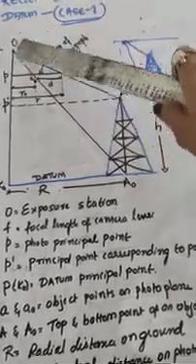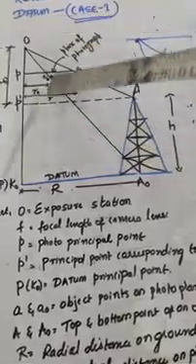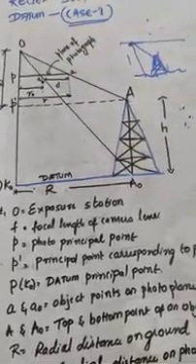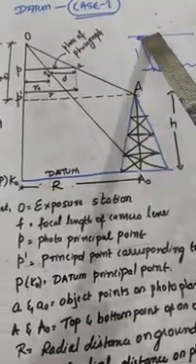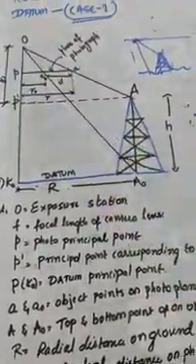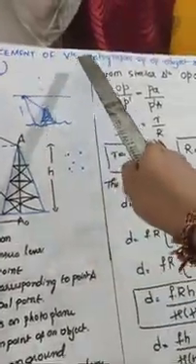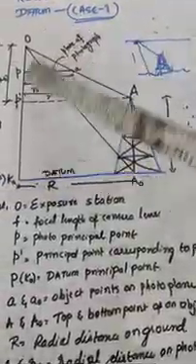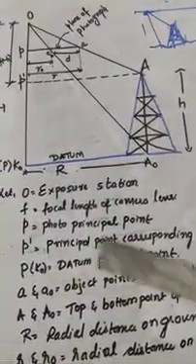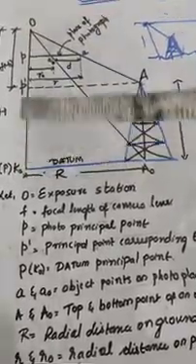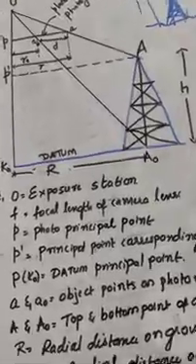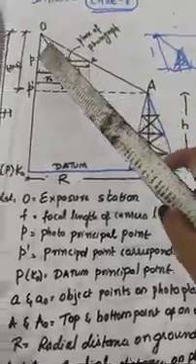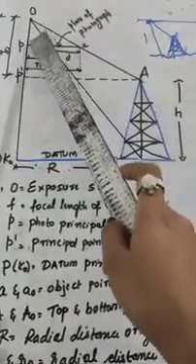This is the principal axis of the camera. Here is the camera lens, and this is a vertical photograph of an object, so this is the vertical condition. This vertical line is the principal point, where O is the exposure station and P is the principal point of the photo plane.